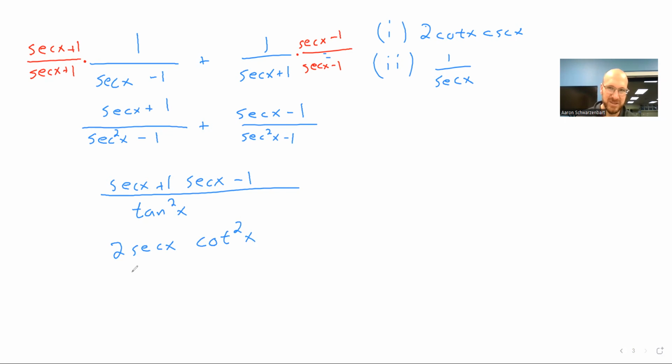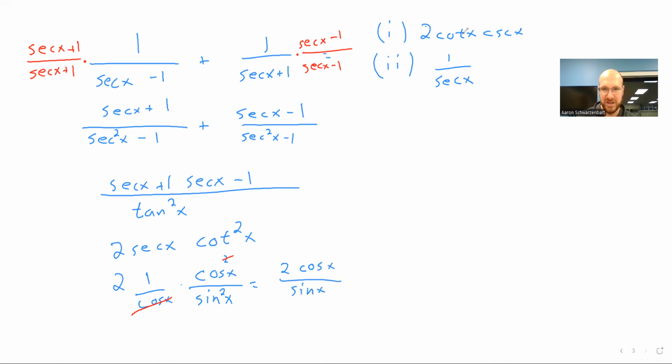Just a thought. Not quite there yet, but now I'm going to convert everything into sines and cosines. Cotangent is cosine x over sine x, which means I can cancel this with one of those, giving me 2 cosine x over sine squared.